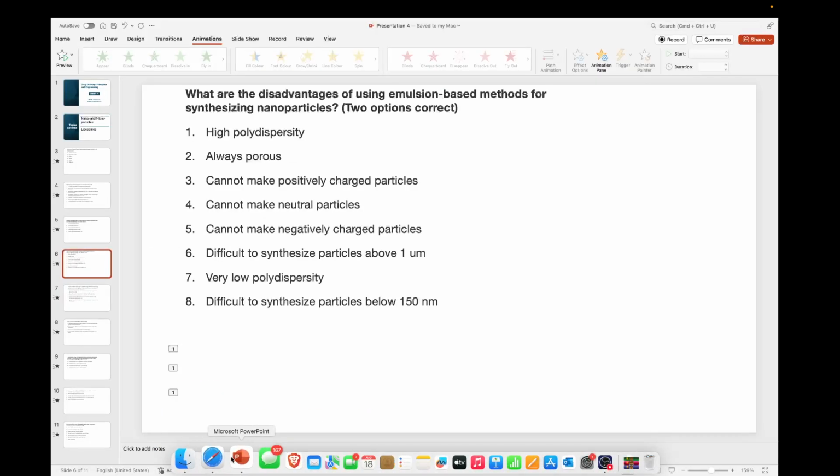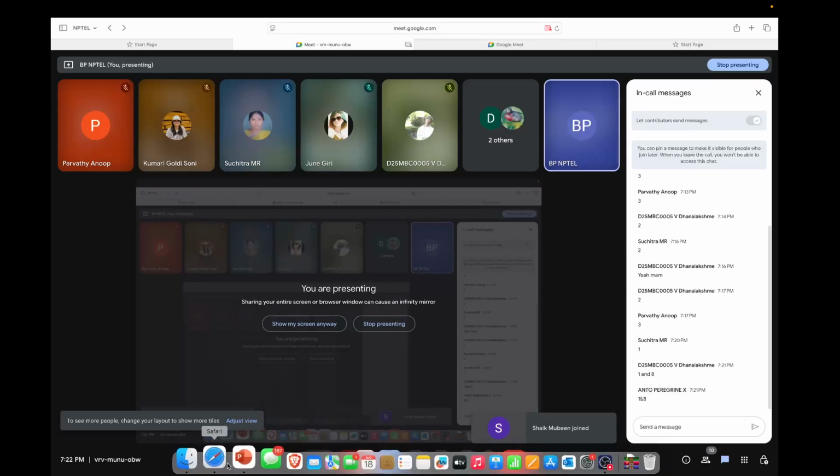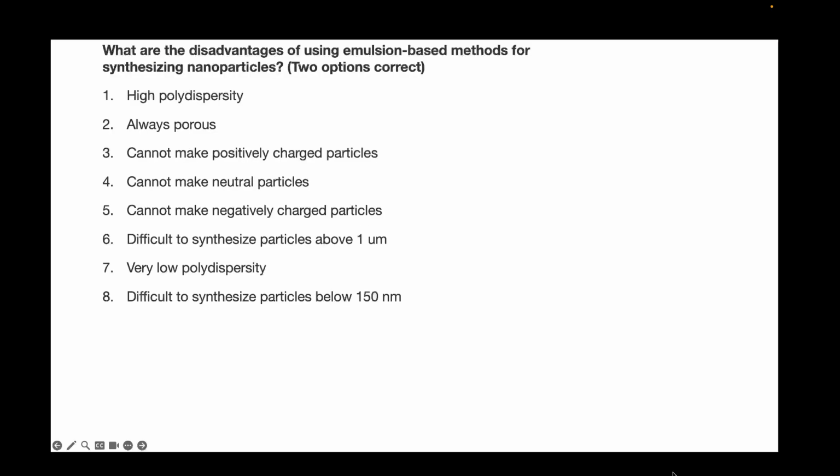You would like a narrower range of similar particles if you want to use them further. So that is one of the challenges in using the emulsion based methods for synthesizing nanoparticles. Also, it is difficult to synthesize particles below 150 nanometer.